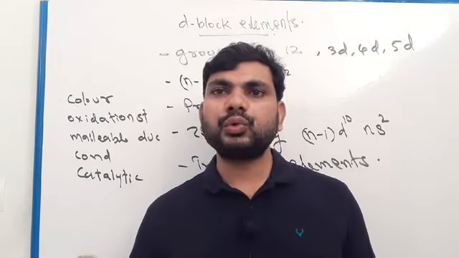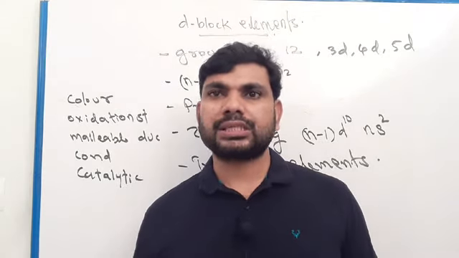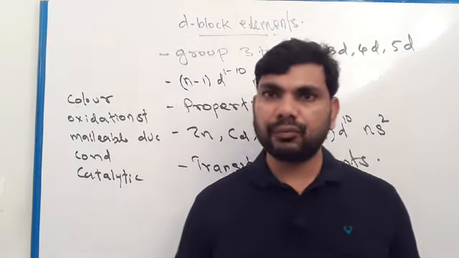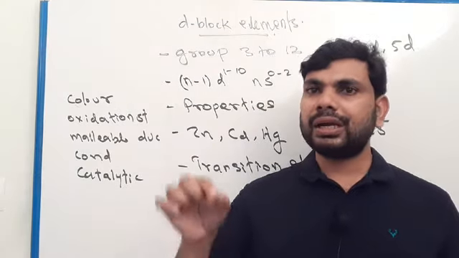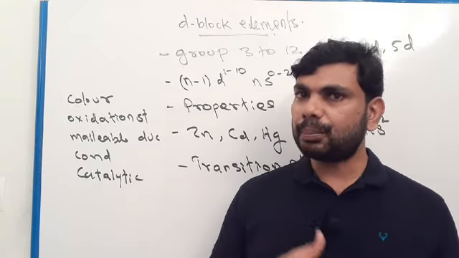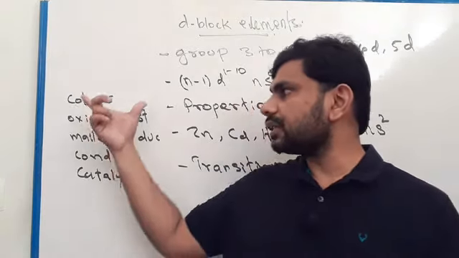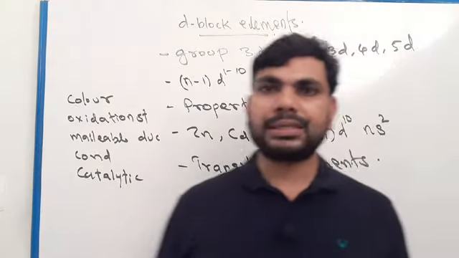Vanadium compound V2O5 is used as a catalyst in the contact process, the production of sulfuric acid. So these are the properties of D block elements.